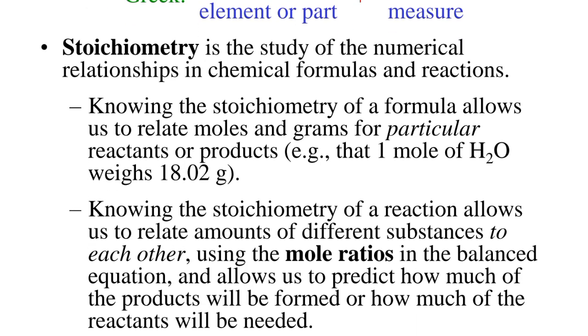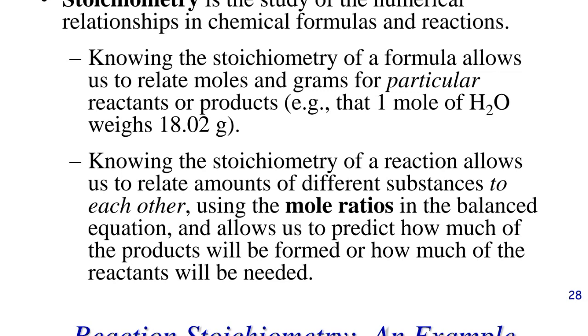Knowing the stoichiometry of the reaction allows us to relate amounts of different substances to each other using the mole ratio in the balanced equation, as I said previously, and allows us to predict how much product will be formed or how much reactant is needed. First of all, we must know any part of the product and the reactant.